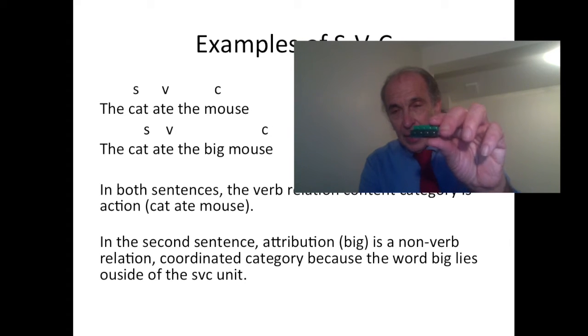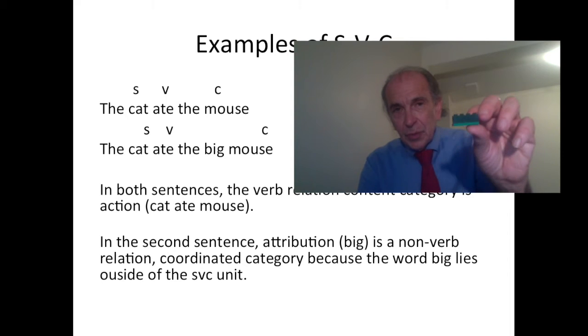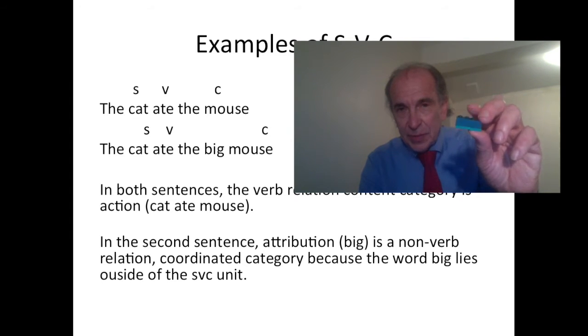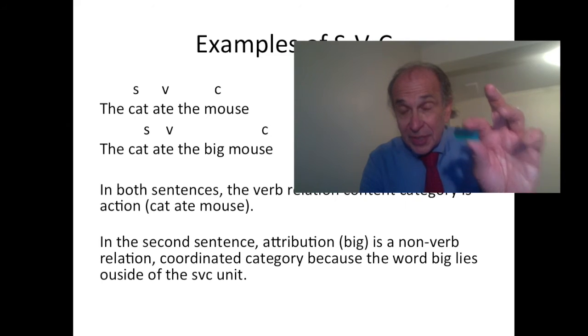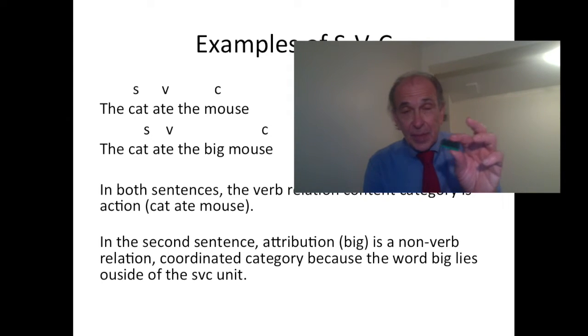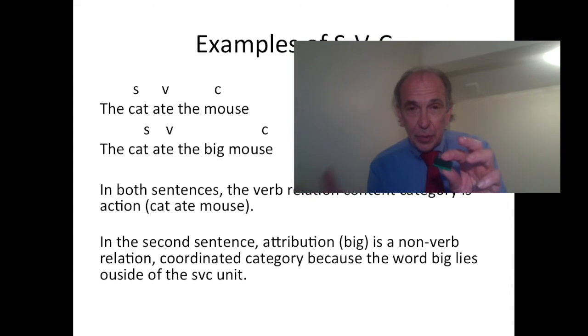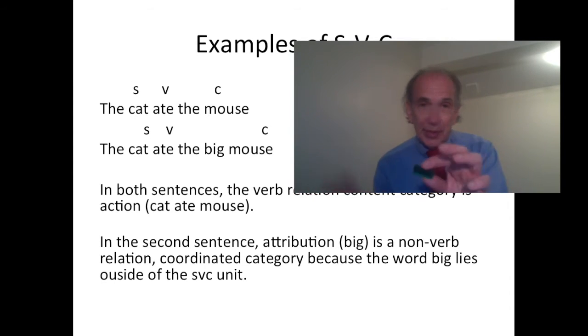And that means it's made in a particular way. So when a child generates a sentence, they generate an SVC, a subject-verb complement relationship, or at least a subject-verb relationship. And then anything extra is pulled in as extra.